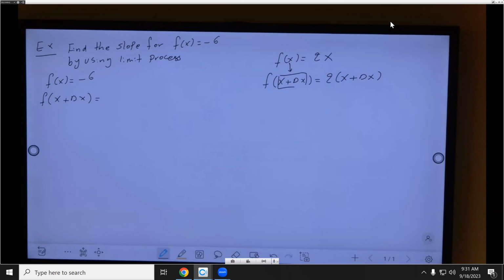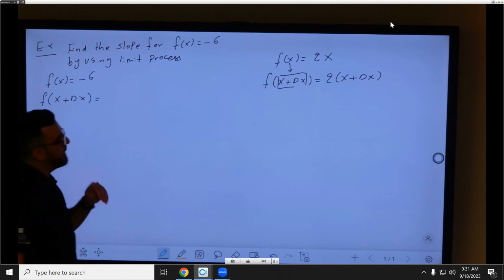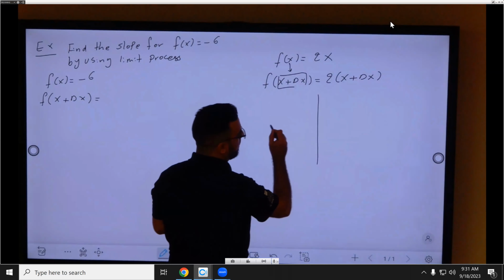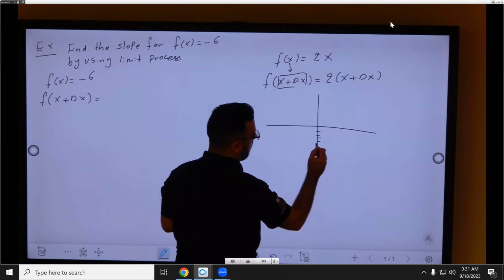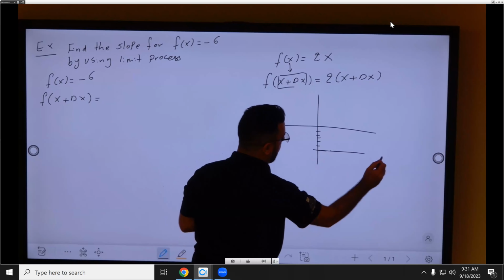Now, what about if you have f of x is -6? What does that mean? -6 is your y, which is a constant function. So when you graph it, it's going to be a line like this. 1, 2, 3, 4, 5, 6, -6 is going to be a line here.